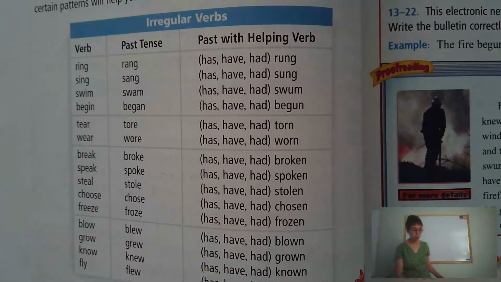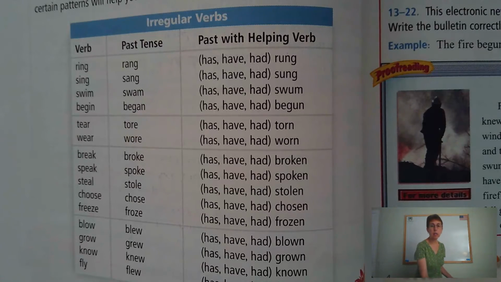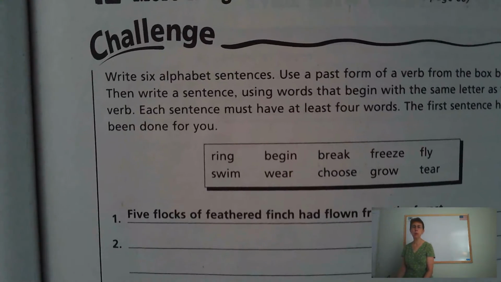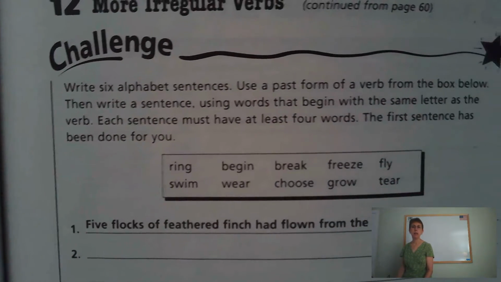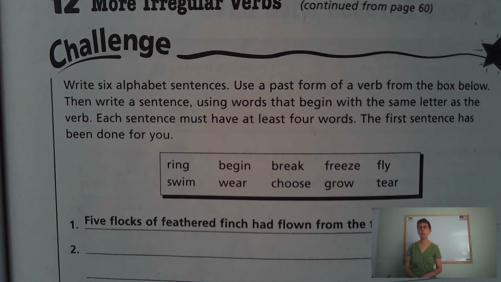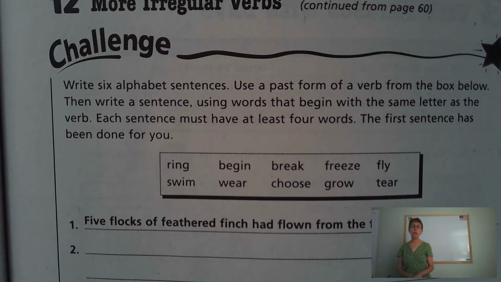For your work today, what I'd like you to do is workbook page 61. Directions tell us to write 6 alphabet sentences. What they mean by an alphabet sentence is a tongue twister, and we'll take a look at the example in a minute. Use a past form of a verb from the box below.